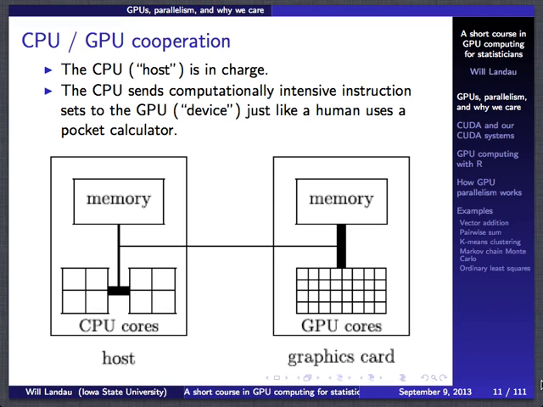It's not going to have access to your hard drive, it's not going to have access to your USB storage devices, and it's not going to have access to a network either. So you're going to have to micromanage everything through the CPU.